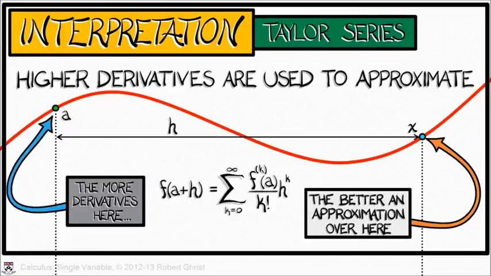It's a bit remarkable that just by knowing infinitesimal information at a particular input, that is, higher and higher derivatives at a, you can say what the function is doing far away. That actually goes fairly deep into other areas of mathematics. Let's take a few minutes and think a bit.